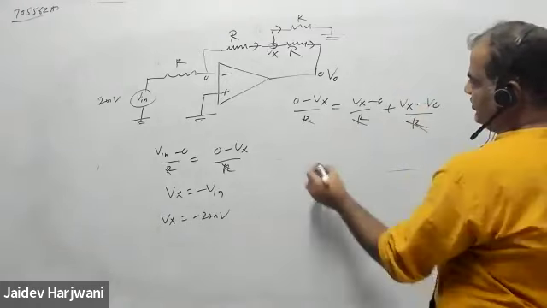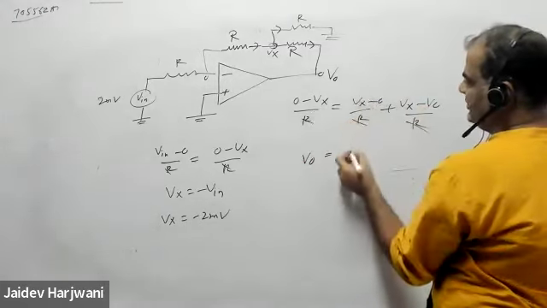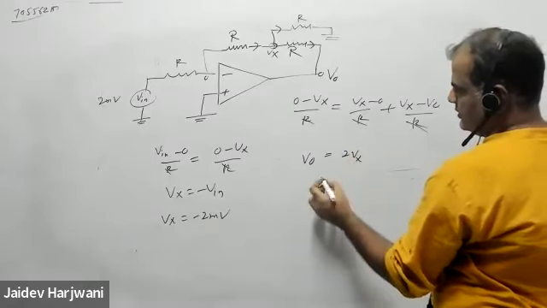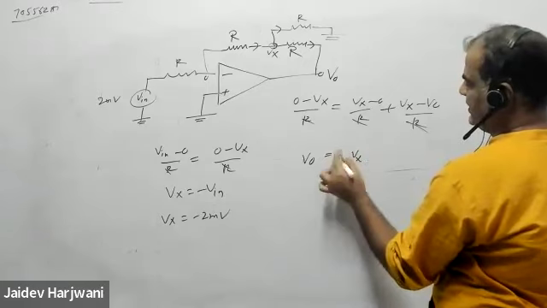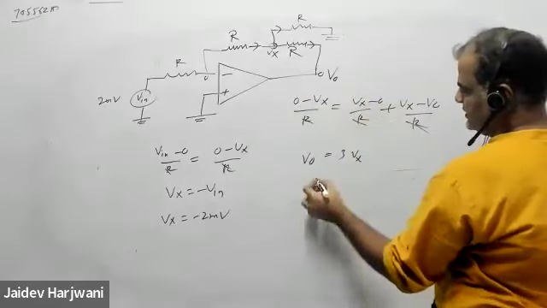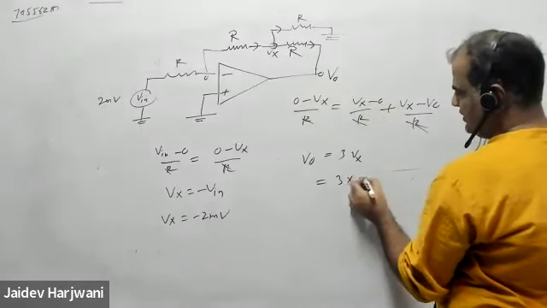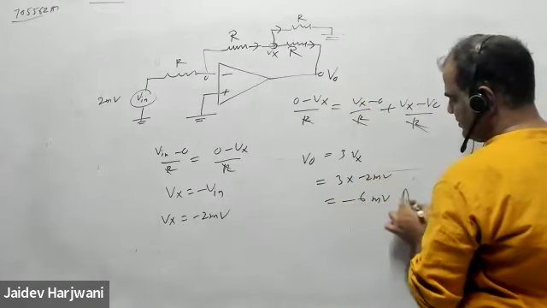Okay. So V naught is what? V naught is 3Vx, and this is minus 2 millivolt. That is minus 6 millivolt.